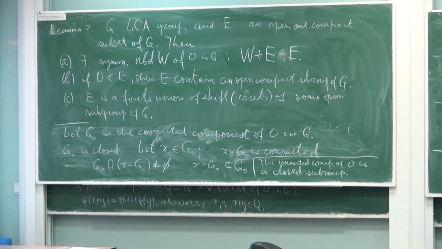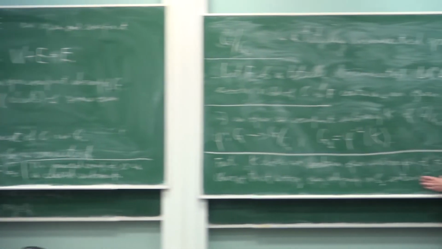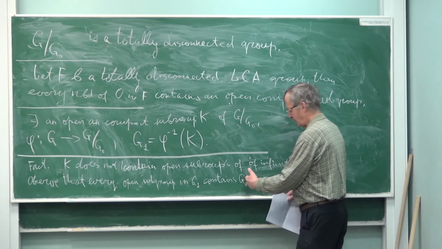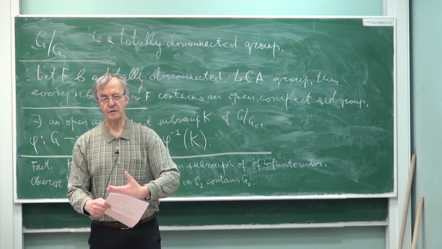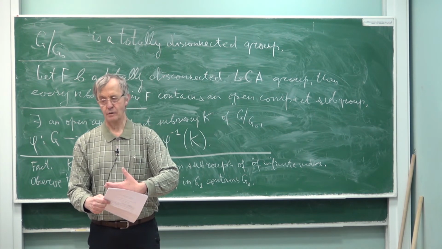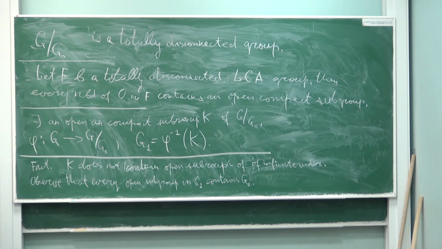If you have an open subgroup of G1 that doesn't contain G0, then it splits G0 into two non-intersecting open subsets. So this contradicts the connectedness of G0.